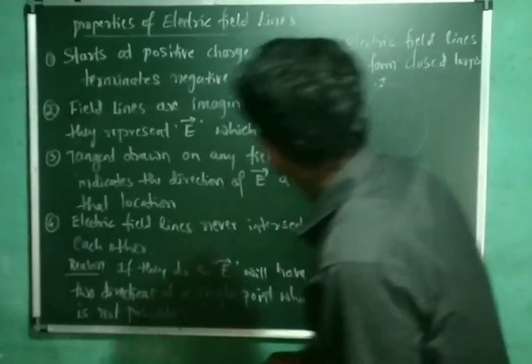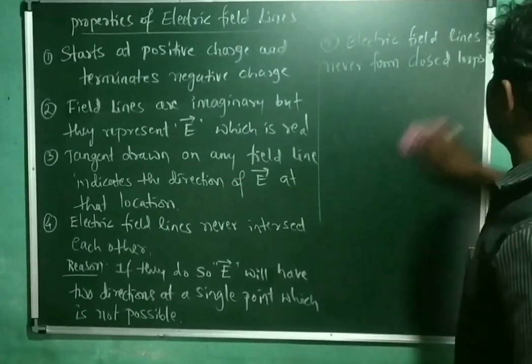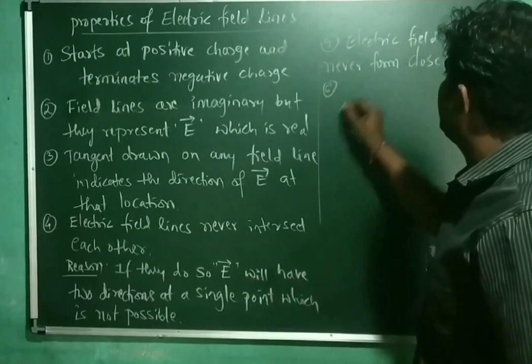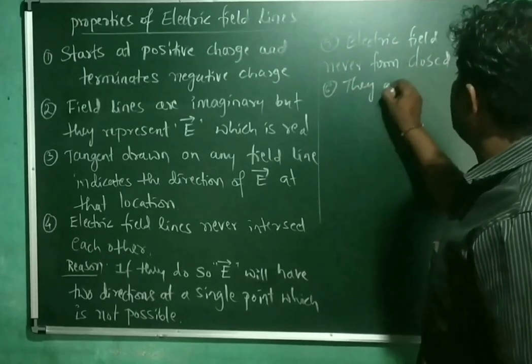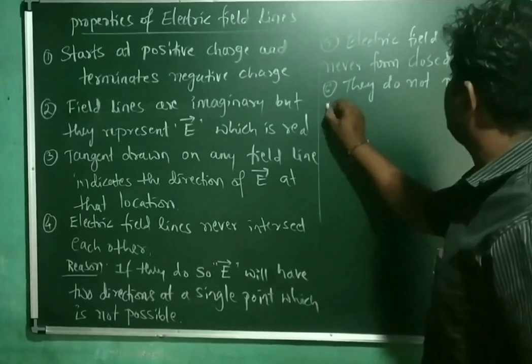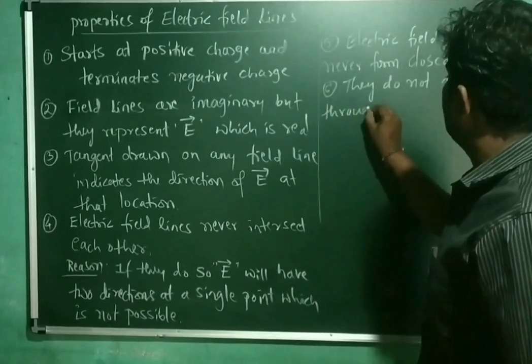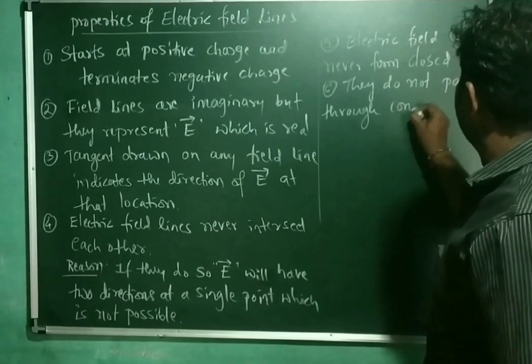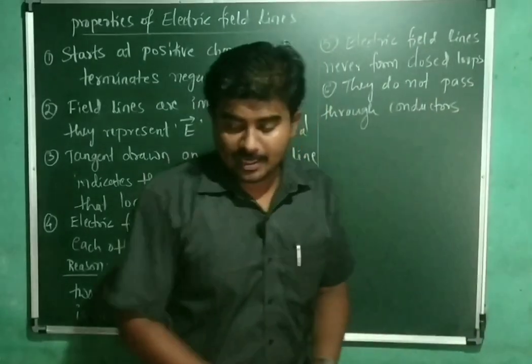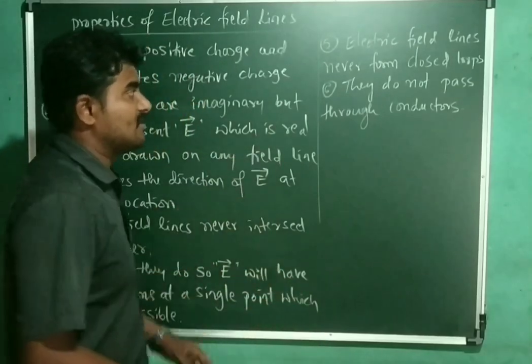This is the fifth property. Next, sixth property: they do not pass through conductors. This is also a very important property. See here, why electric field lines do not pass through conductors.